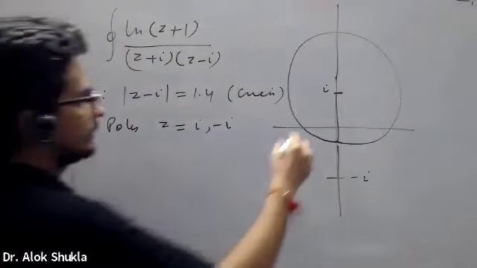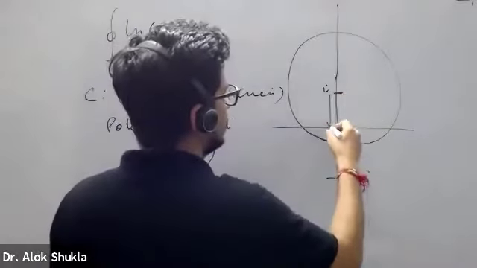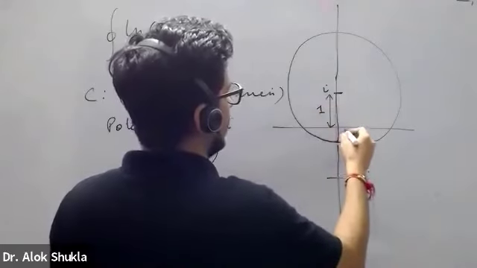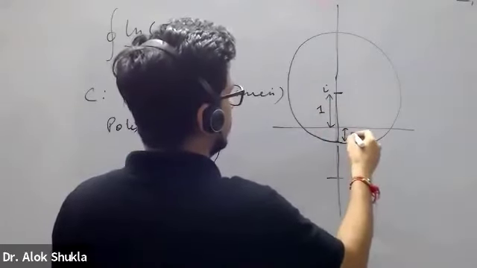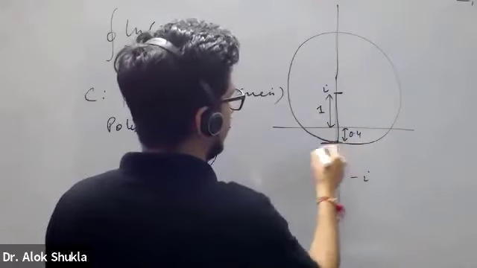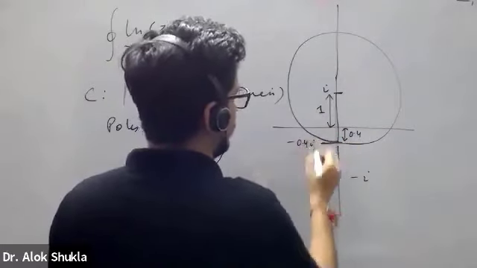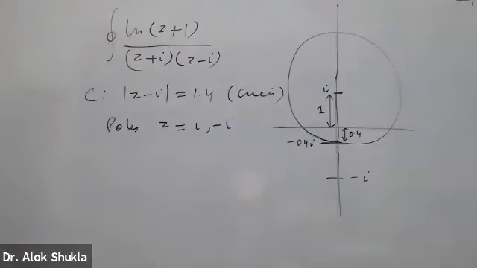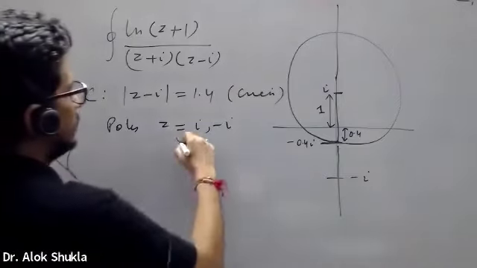Because the radius was 1.4, so this is 1 unit and this is say 0.4 unit. So if you mark this on the line, it will be minus 0.4 iota. Can you see that? So only one pole is inside.